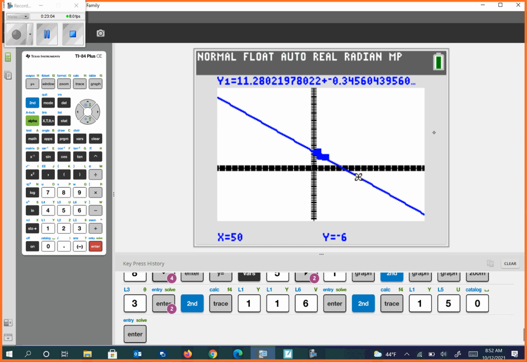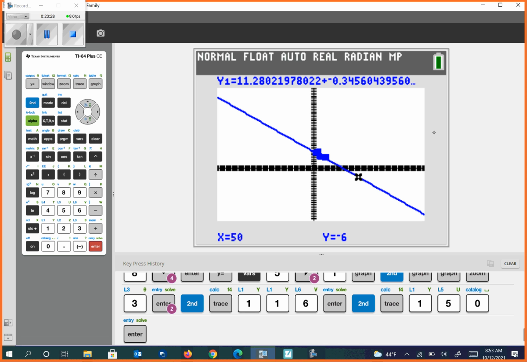Let's see, residual plots. Predicted versus actual. Oh, there it is. You can find the residual, press enter.